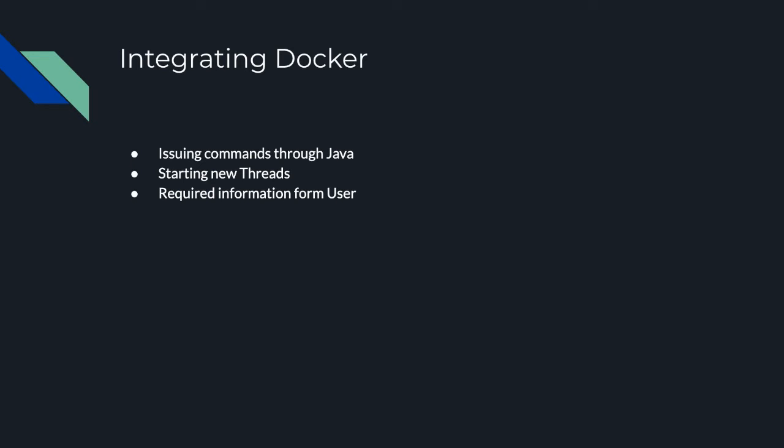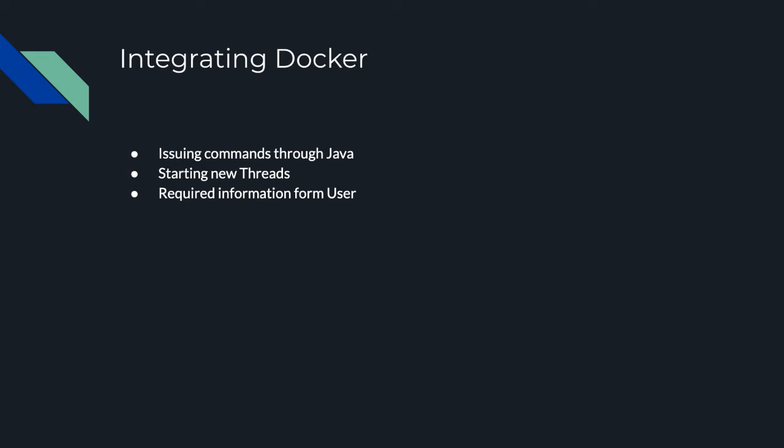But to run all of these, I needed to start new threads. I need to start new threads because as soon as I run a Docker Compose up, which needs to be continuously running as a process, if I didn't have it in a thread, it would simply immediately stop, which of course isn't desired because then my containers aren't running anymore.